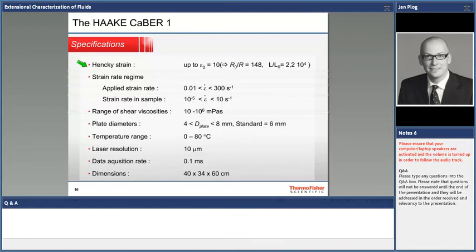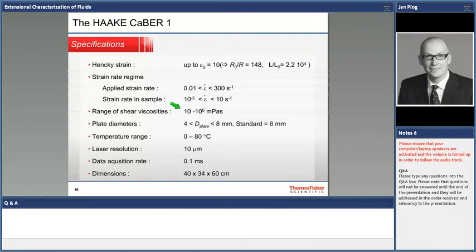Just one quick slide about the specifications in terms of Hencky strains. For those of you who are familiar with different methods, we can go up to roughly 10. Okay, strain rates we can apply in the range from 10 to the -1 to roughly 300 reciprocal seconds. We can cover a wide range of viscosities. Okay, 10 might be a little bit too low.